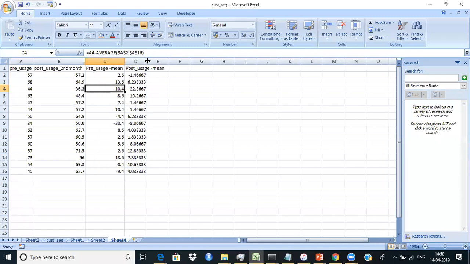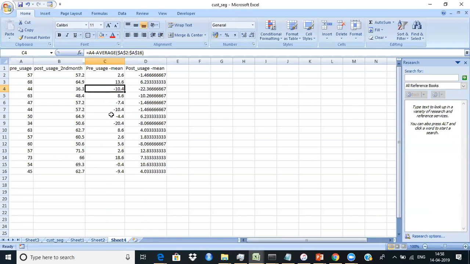Sir, can you please repeat your last two lines? Positively correlated and negatively correlated. If two variables are positively correlated, it means they are moving in the same direction. Yes. Okay. If they're moving in the same direction, then if I get a negative value in this, I should also get a negative value in this, because this is the direction with respect to the mean, right? Yes.